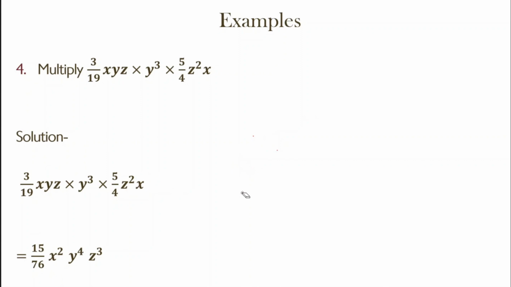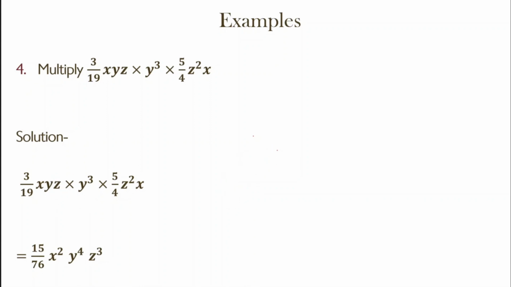Now solving for y. Y is here with power 1. Here y is there with power 3 and there is no more y. Since they are in multiplication, the base is y, so powers get added. 1 plus 3 is 4. That's how we got y raised to power 4. Clear? Similarly solving for z.